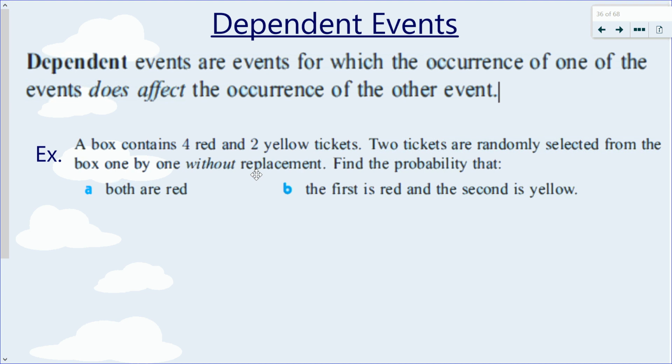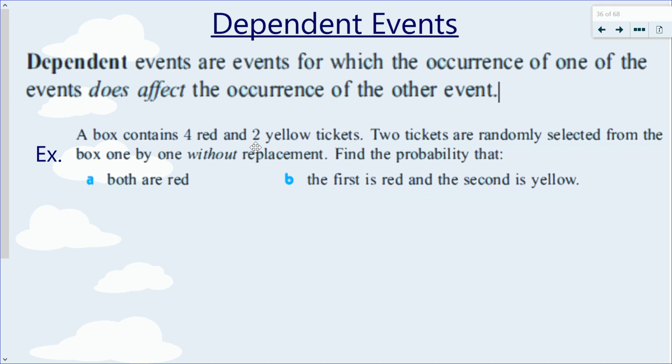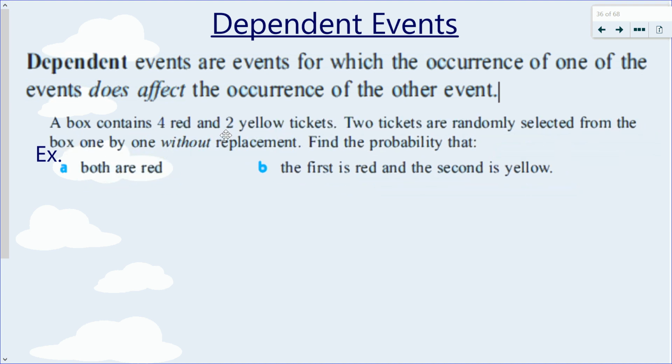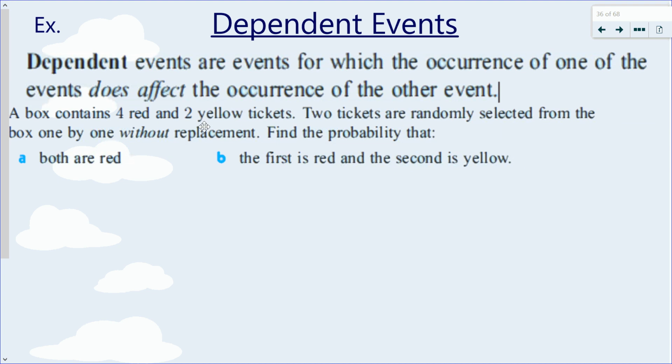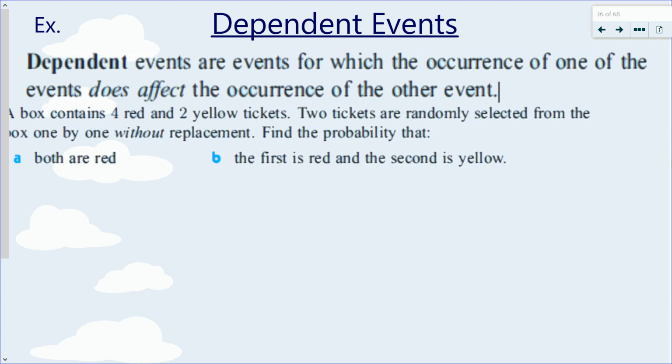So if we do a tree diagram for this, we have the draw of the first ticket. Yeah, I'm going to do a tree. So let me move this over a little bit. So we're going to do, this is the first draw.